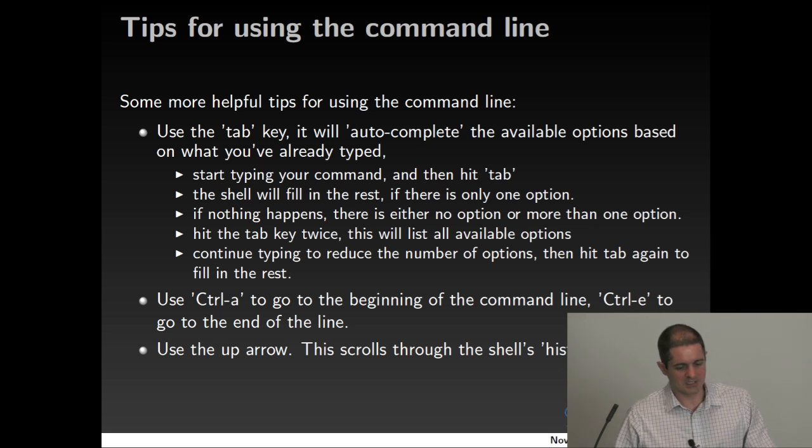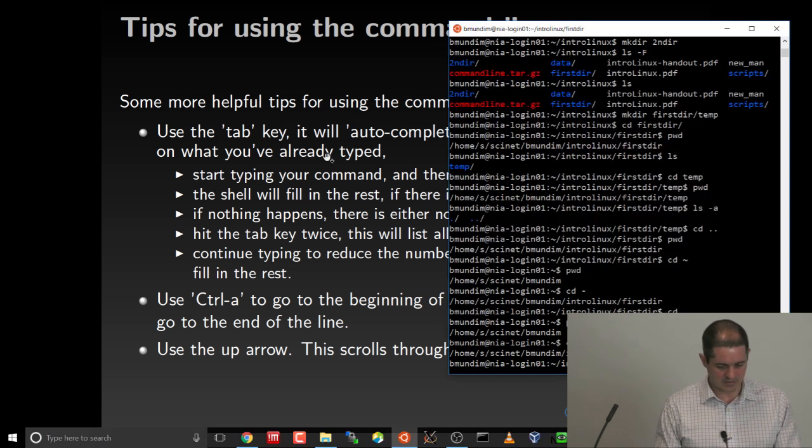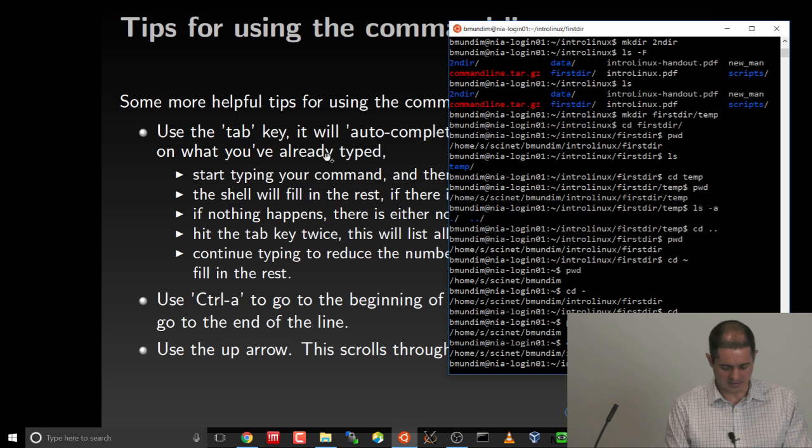Okay, there are some tips for using the command line as well. You can use some control commands. Let's start with the tab key. That basically autocompletes the available options of the command that you are typing or the directory that you need to type. So let's say grep.